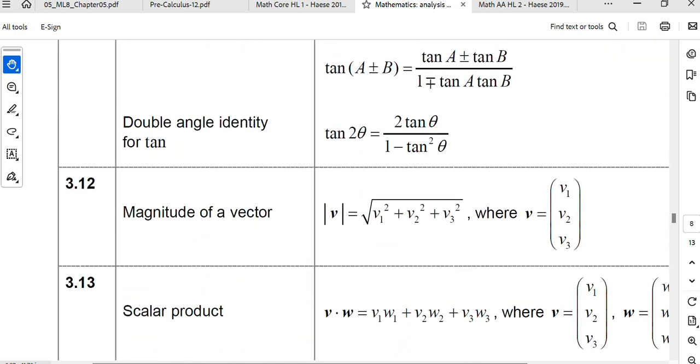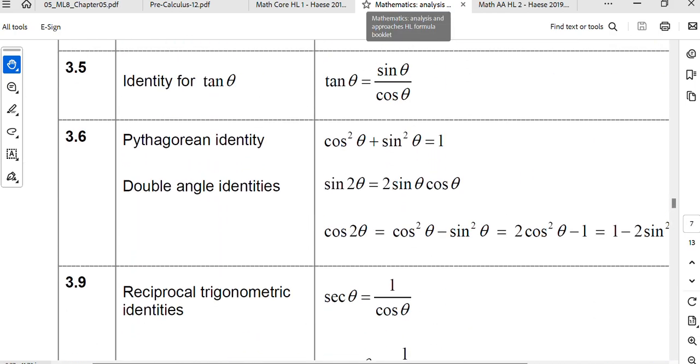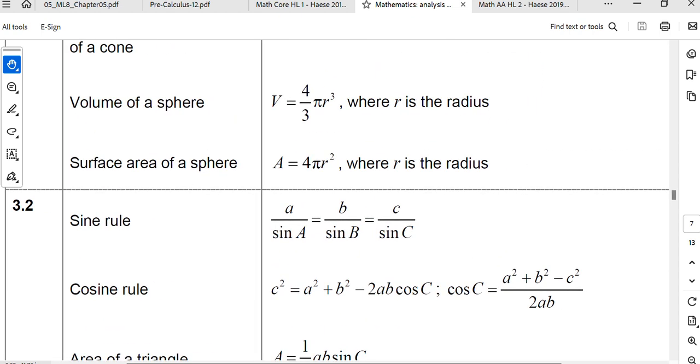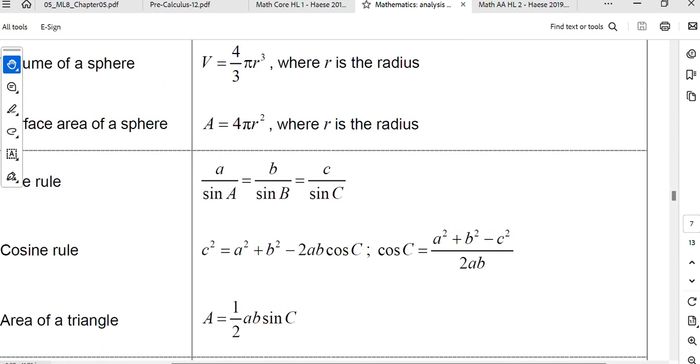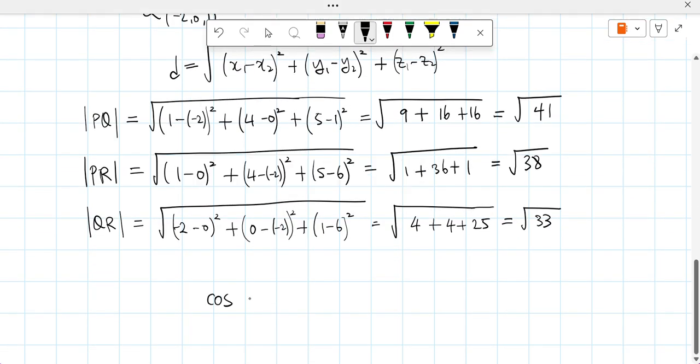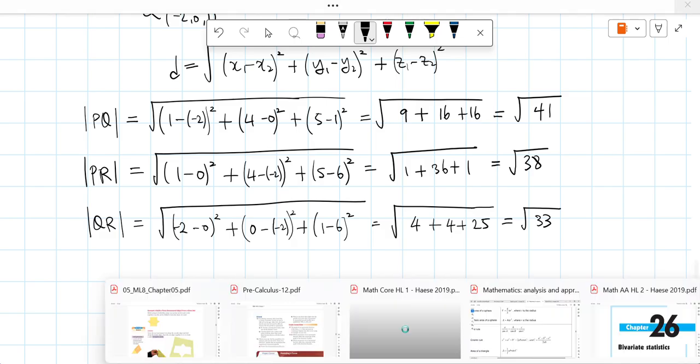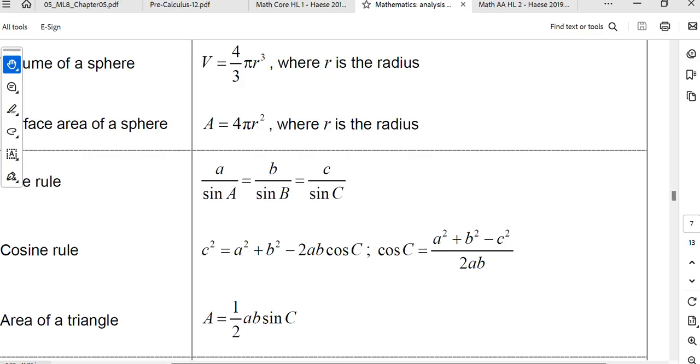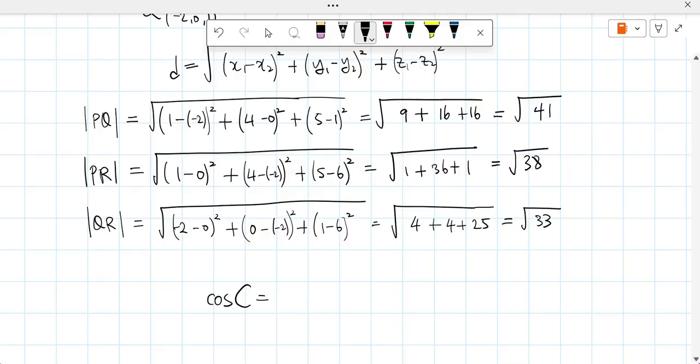I'm going to find in topic 3 the cosine rule. We have two versions. I'm going to use the second version: cosine C is equal to (A squared plus B squared minus C squared) divided by 2AB.